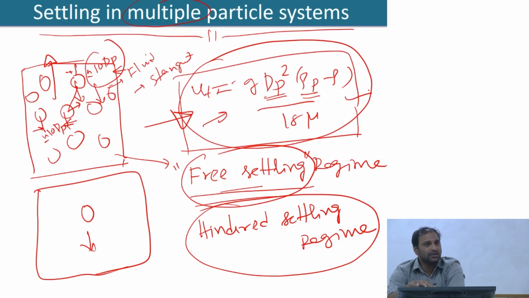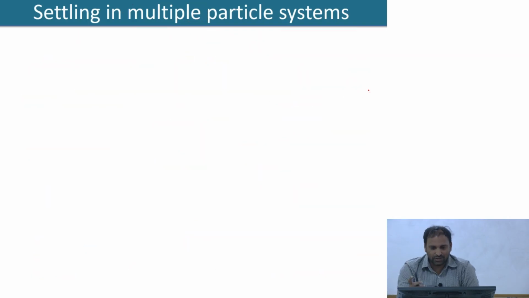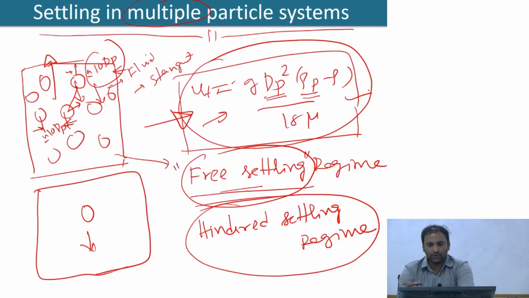I can still use a similar expression, but instead of using the properties of the fluid, I would have to use the properties of the suspending medium. Sorry, let me just say what I mean. We said that your rho I was going to be taken as rho of aggregate in the settling of aggregates, right? Now that I have a fluid, it's not rho p.